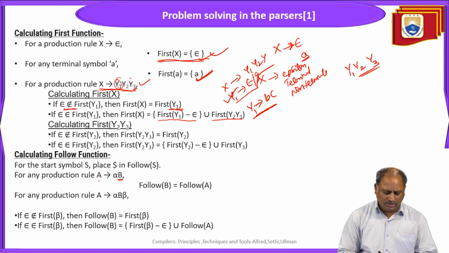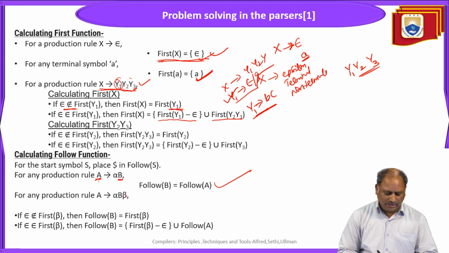So we verify where B appears on the RHS. The follow of B is equal to the follow of A, which, if already calculated, we use, else we have to calculate.